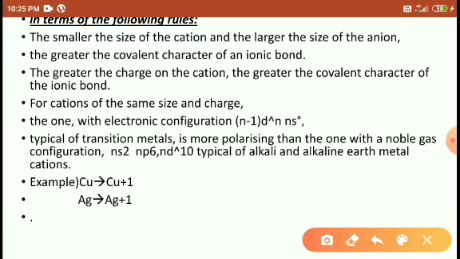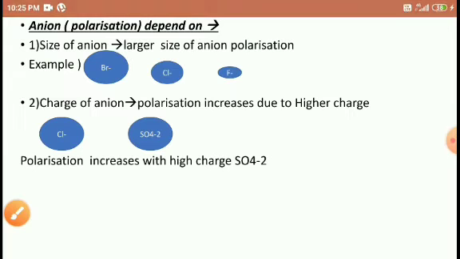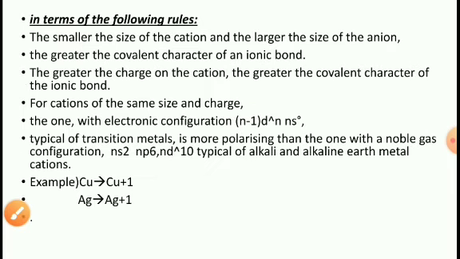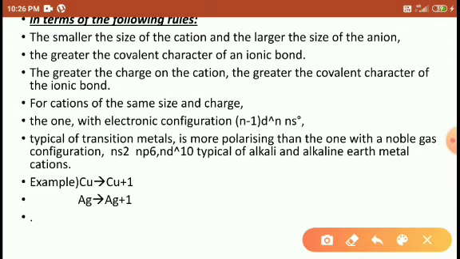So in terms of the following rules, a small size of the cation and a larger size of the anion are needed for the ionic characters in a covalent bond. So small size of cation and large size of anions are required.